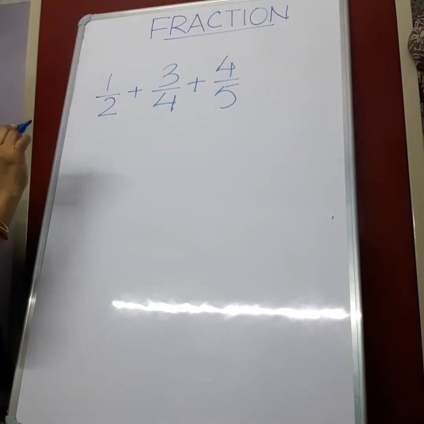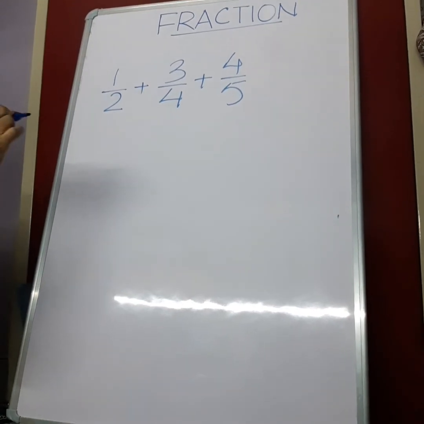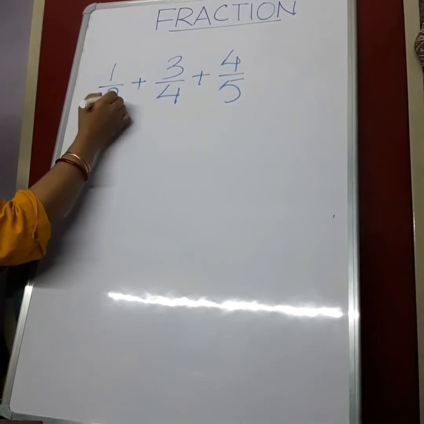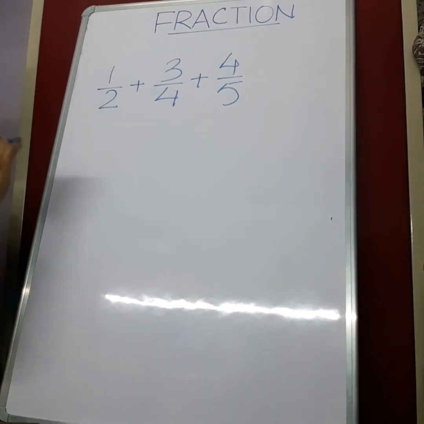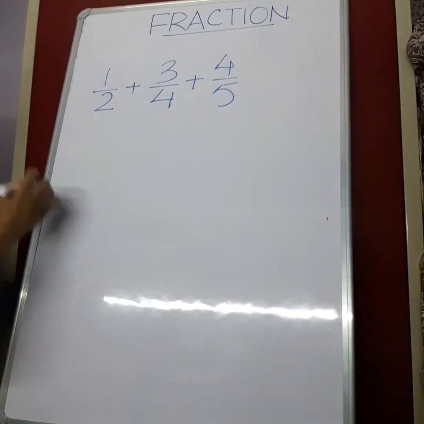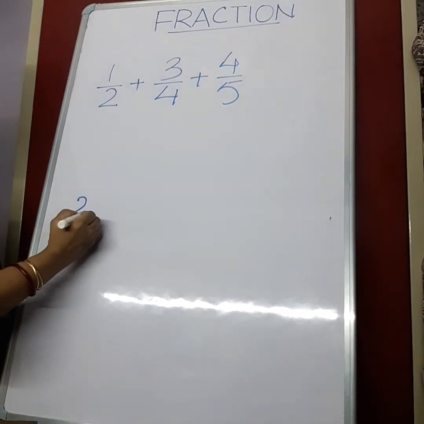Now these are unlike fractions, we have to add. So before adding, we have to find out the equivalent fractions for each with the same denominator. And the same denominator is the LCM of these numbers. So let's find out the LCM.